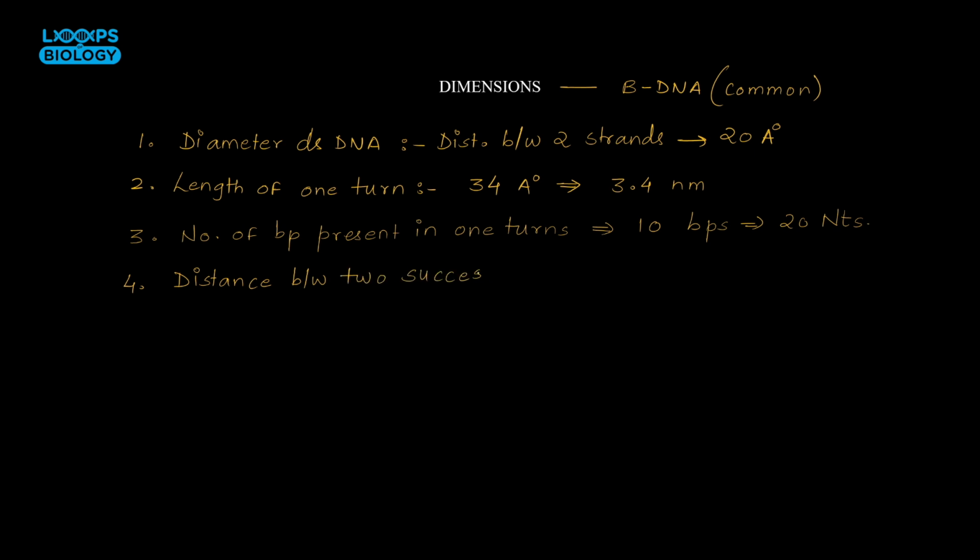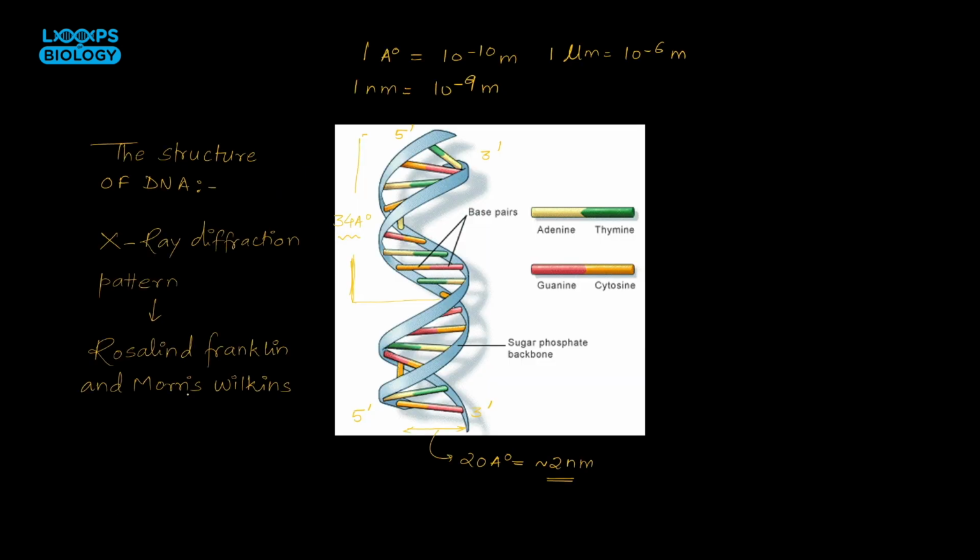Now you have to calculate the distance between two successive base pairs. If I'm talking about these two successive base pairs, or these two successive base pairs, what is the distance between them? As we have seen, there are a total of 10 base pairs in 1 turn, and these 10 base pairs are arranged in the length of 34 angstroms.